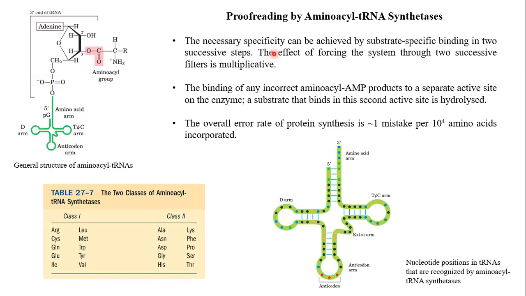For this, they performed an experiment. What they did, they chose cysteine transfer RNA. That means that transfer RNA had been amino acylated by the cysteine enzyme, which is the correct one. After charging, they changed that amino acid to alanine, and they performed in vitro synthesis of hemoglobin, because this hemoglobin chain has one cysteine molecule in each chain.